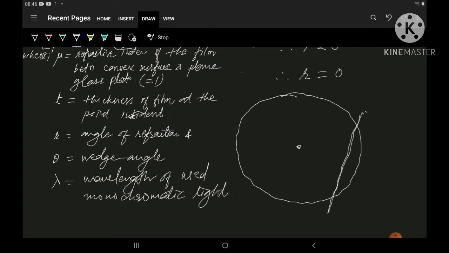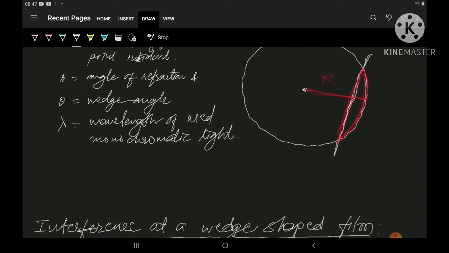This cut-off portion will behave as a plano-convex lens. So its radius of curvature means this radius, that is the radius of the sphere. Due to the large radius of curvature, this convex form will be nearly equal to a plane.